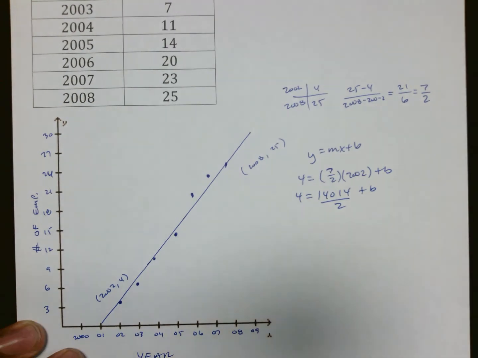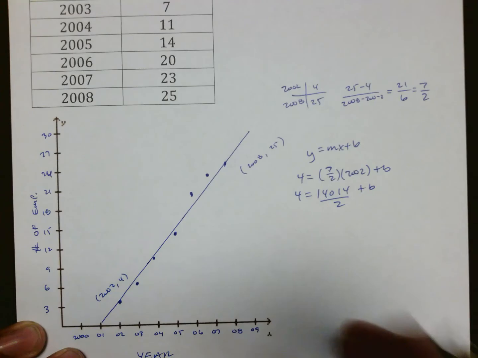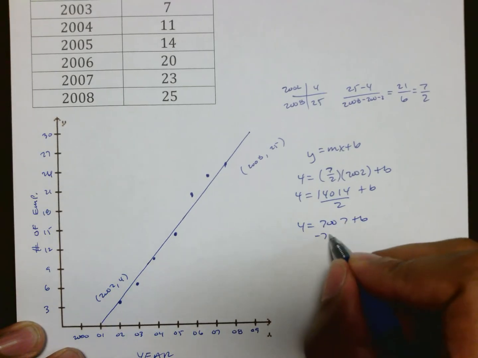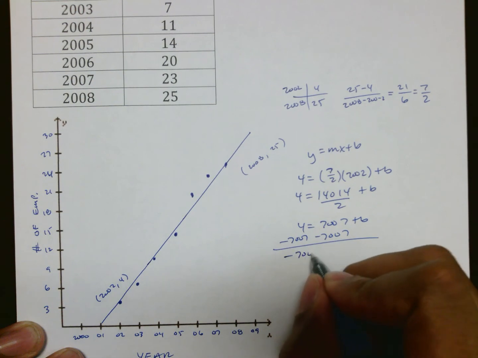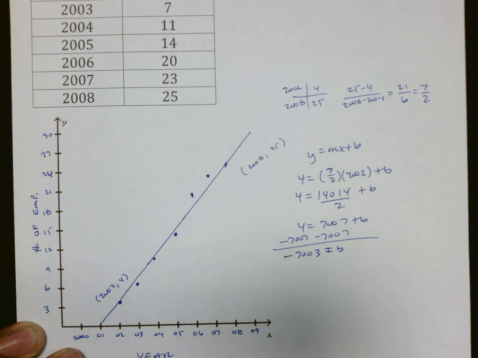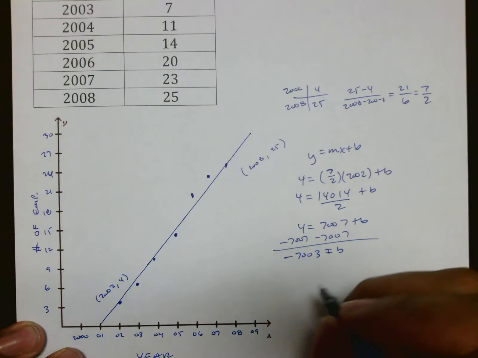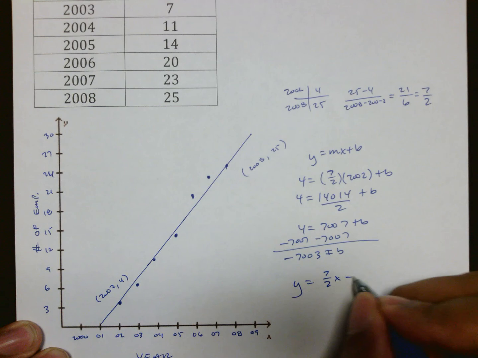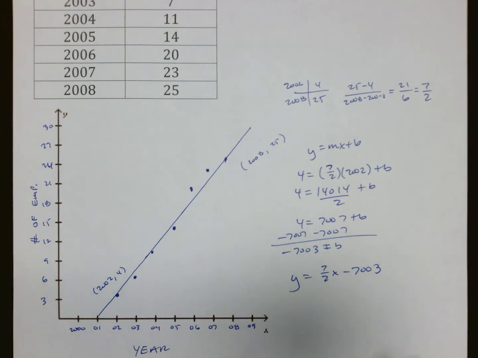I almost forgot that part. Divide that by 2 because you can divide it by 2. You get 7,007 plus b. Move your 7,007 and you end up with negative 7,003, I believe. Yeah. And so my line of best fit is y equals 7 halves x minus 7,003.